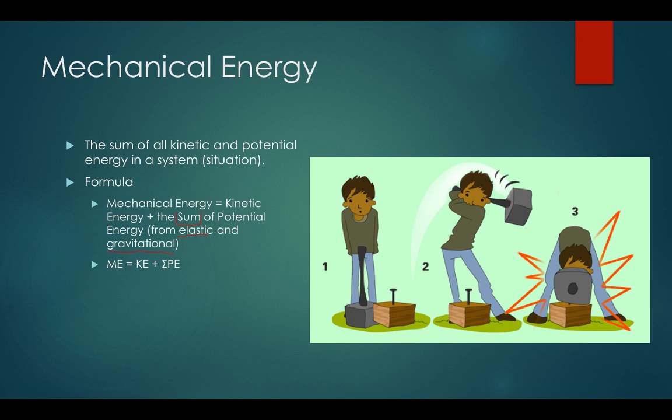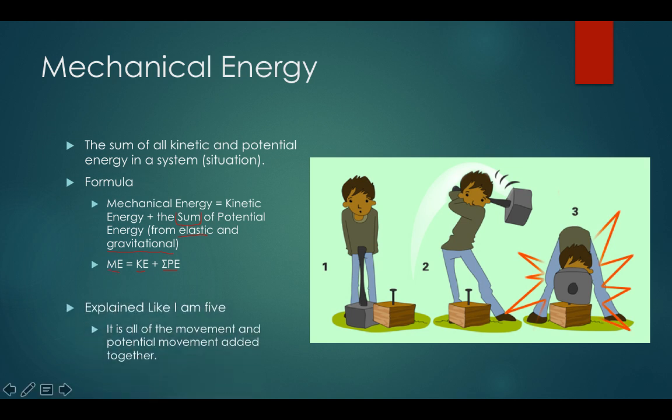So if you add together kinetic and potential, you get something we call mechanical energy. Explaining it like to a 5-year-old, it is the movement and potential energy just added together. And that's all that mechanical energy is.